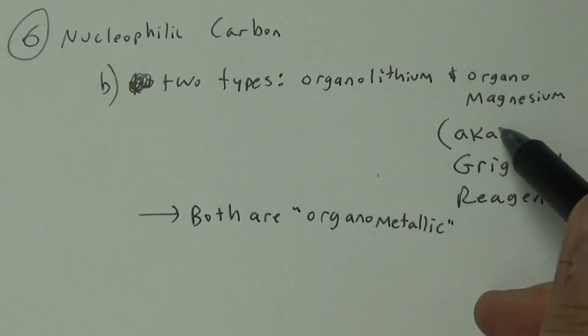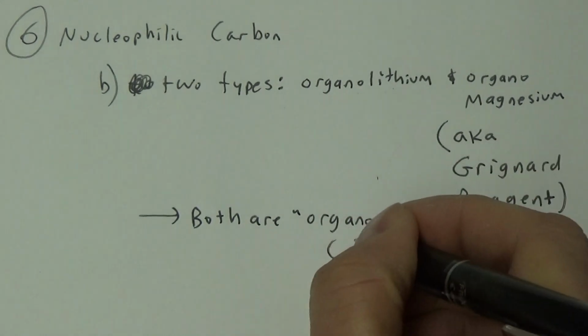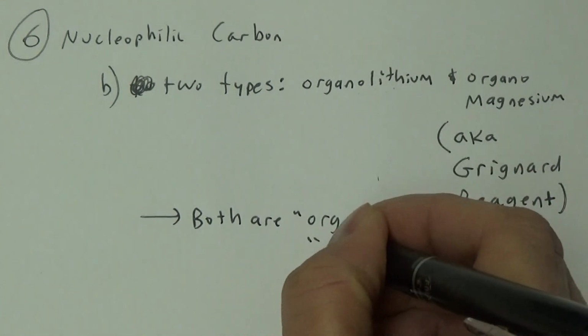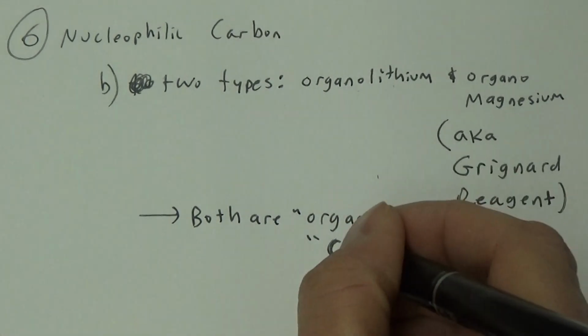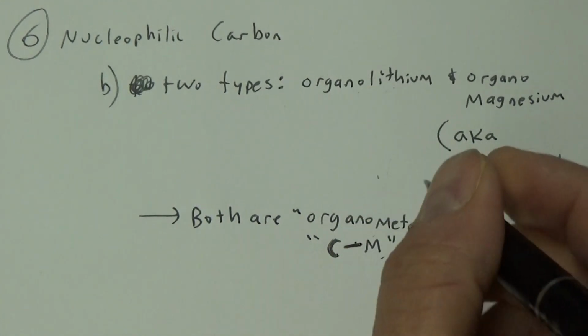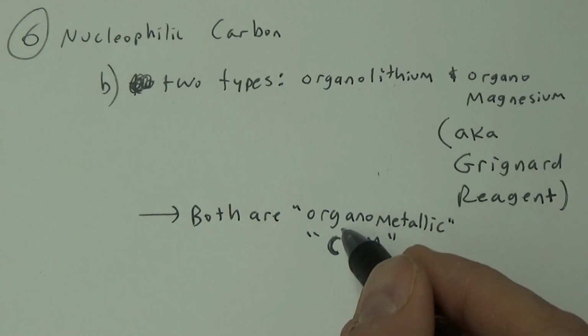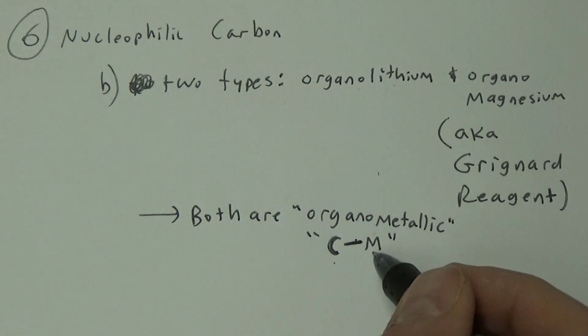Carbon lithium, carbon magnesium. So we could say like CM. It's like a carbon negative, metal plus. That's a way to think about it, right? It's almost like an ionic interaction, but maybe it's kind of in between an ionic bond and a covalent bond, but it's a carbon bound to metal.